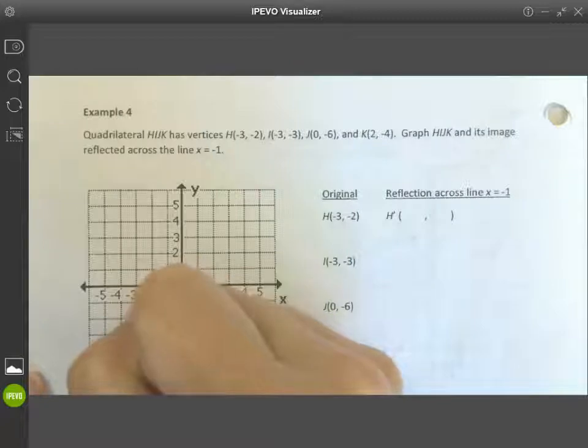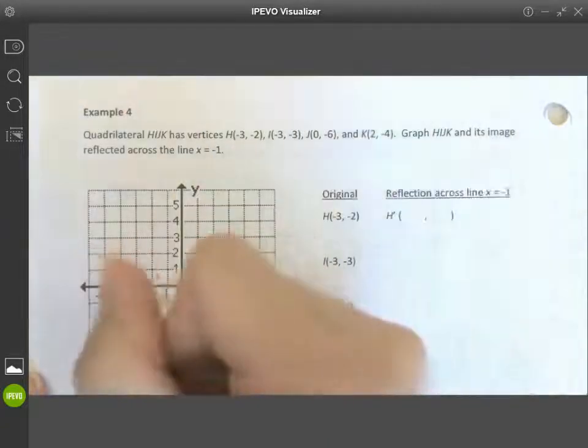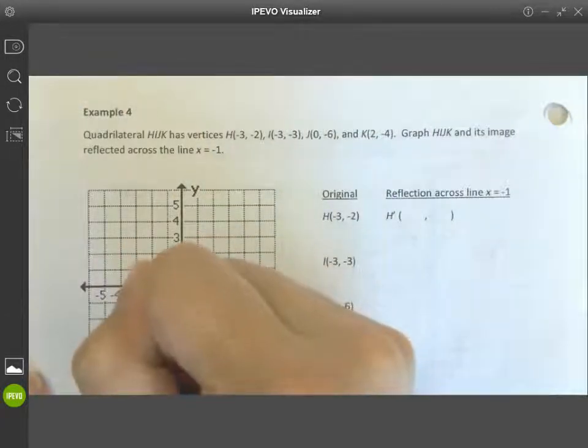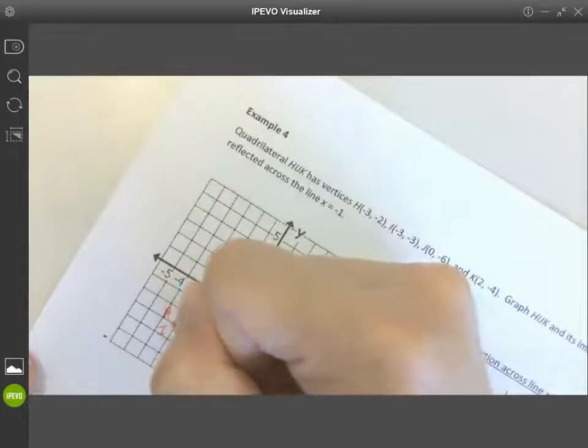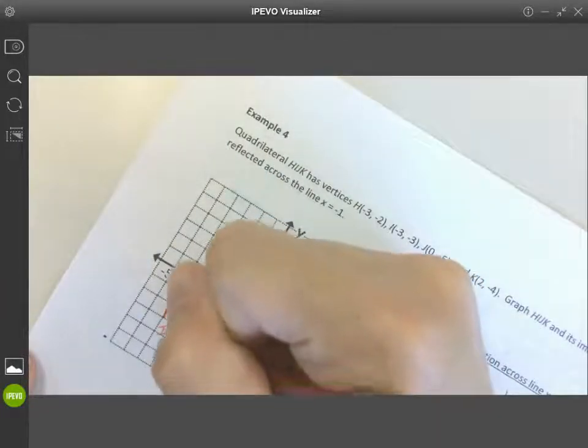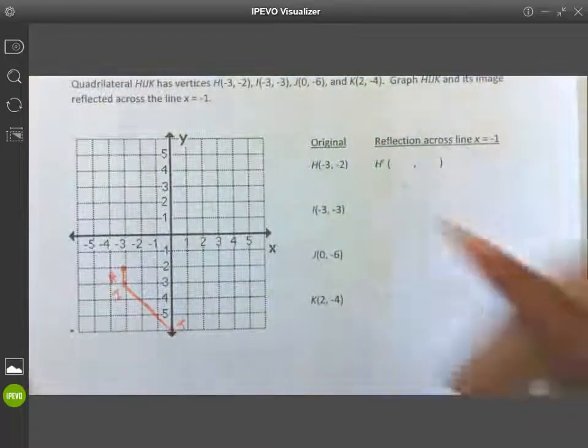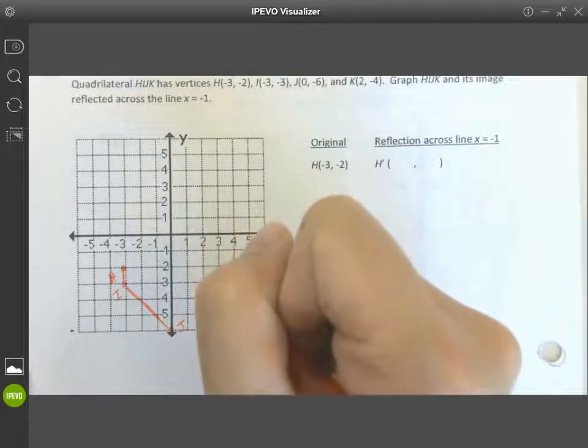So it should be the same image, but double check yourself. Hey, do we all have this graphed? Okay. Correctly? Are we all correct? Oh, no.